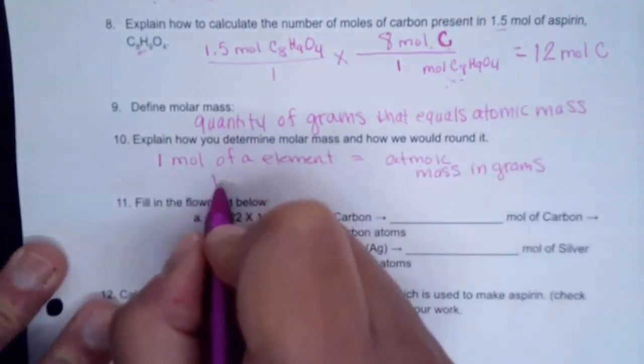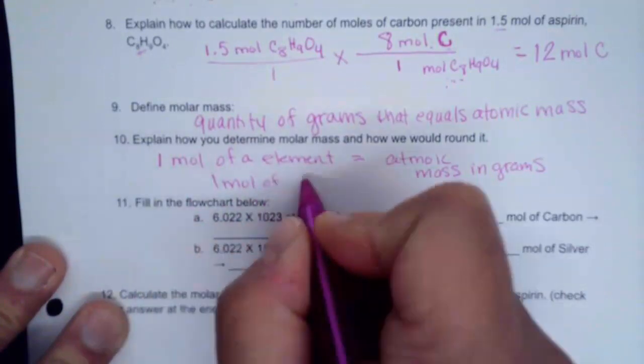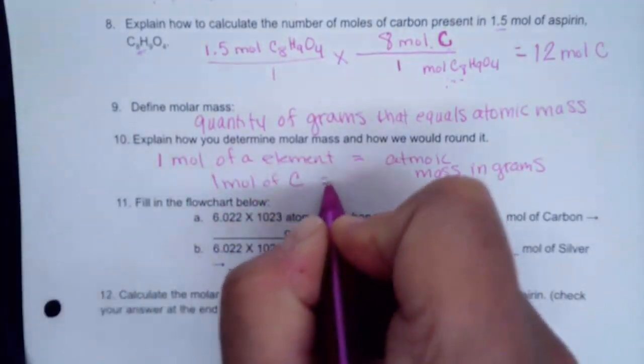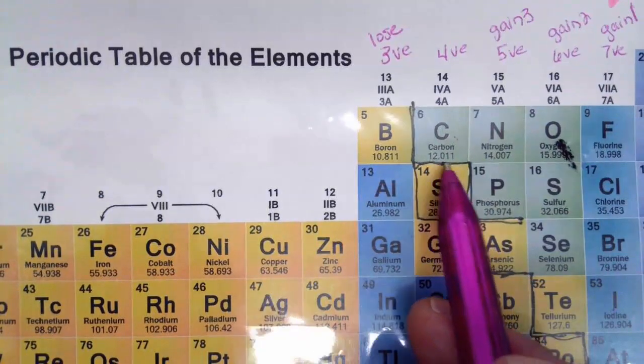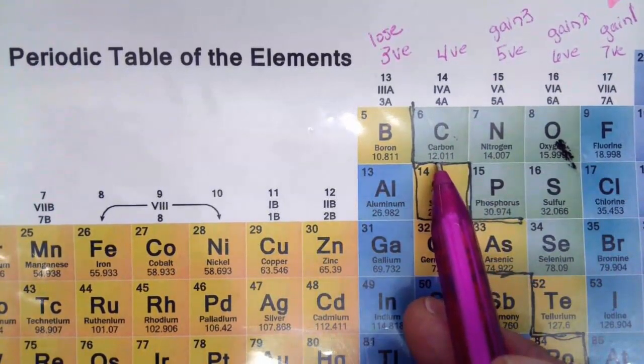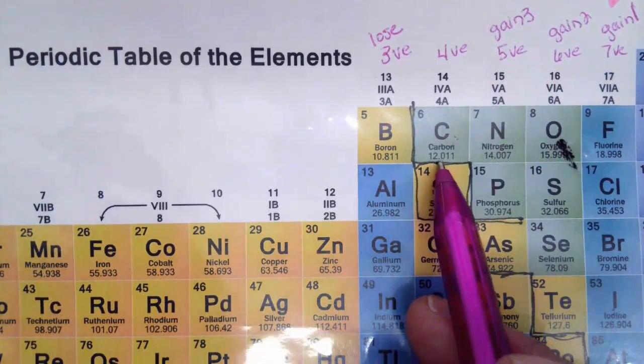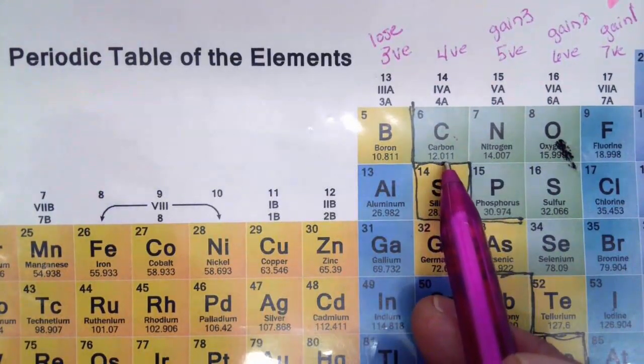So 1 mole of carbon is going to equal 12 grams of carbon. All right, 12.01. Usually we go to the hundredth place.